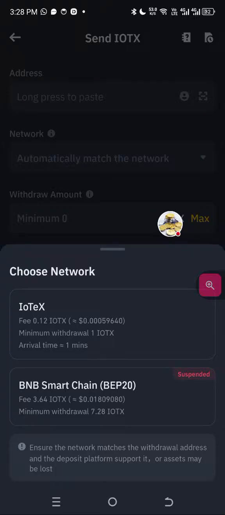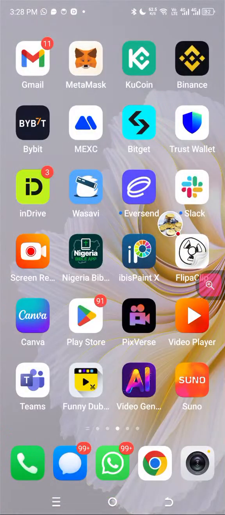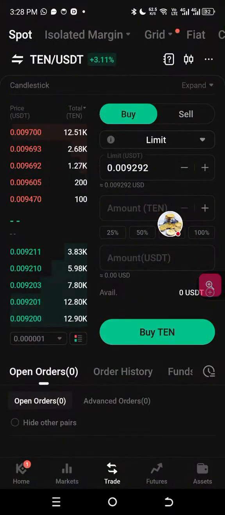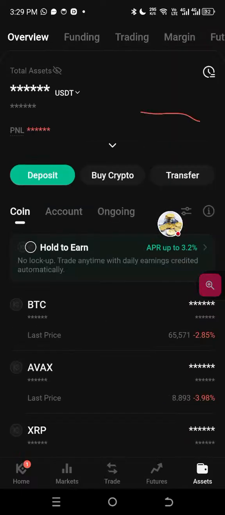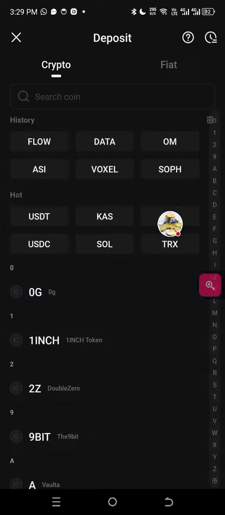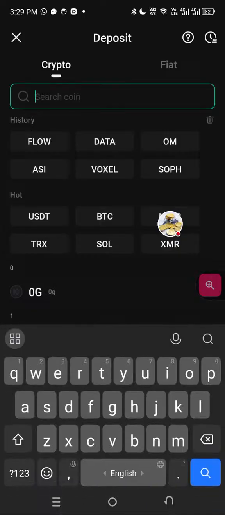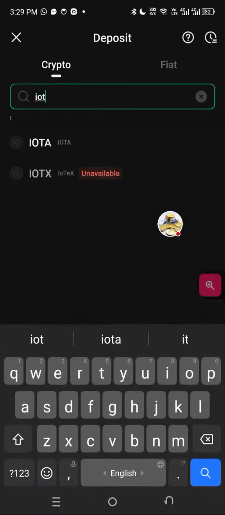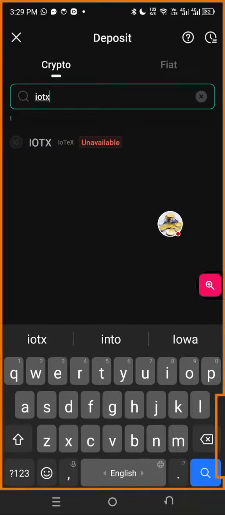Maybe we are not able to deposit it in KuCoin. Let's go to KuCoin. So we now see whether we can deposit it. We want to deposit. So we are checking for IOTX, right? IOTX. Aha! Remember I told you there's a problem.